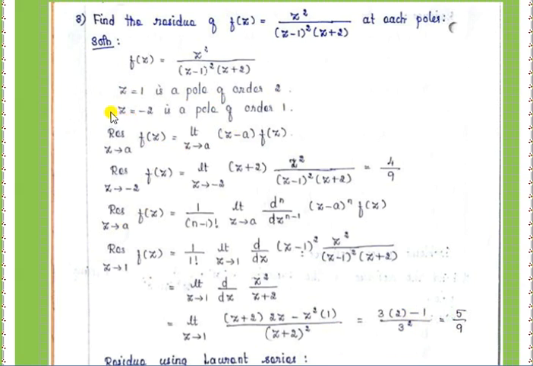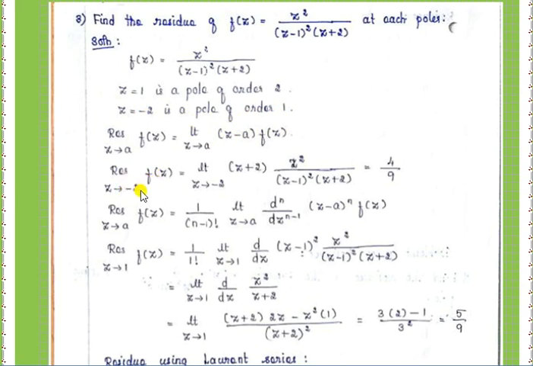Next, I go with the second point, z equal to minus 2. Here the order is 1, so we may use the simple pole formula, that is residue at z tends to a of f of z equal to limit z tends to a of z minus a into f of z. Here a is equal to minus 2, order n is equal to 1.